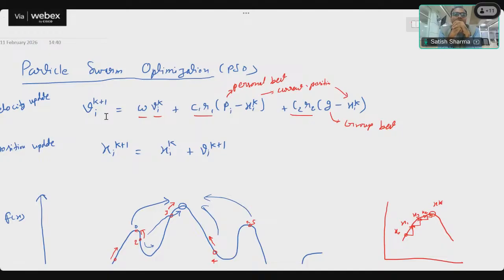I also tried it yesterday. I asked ChatGPT to write a genetic algorithm code for me for the ACOPF problem.